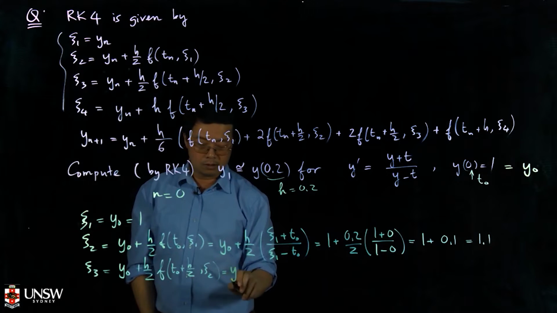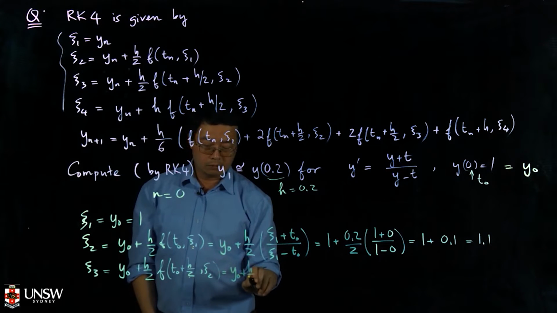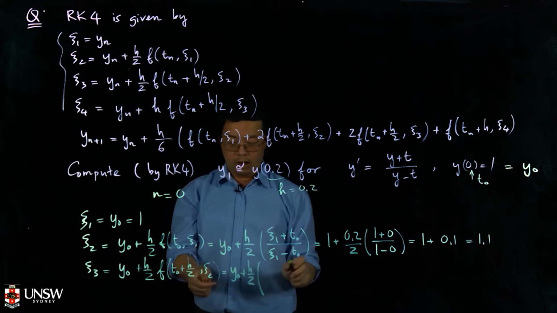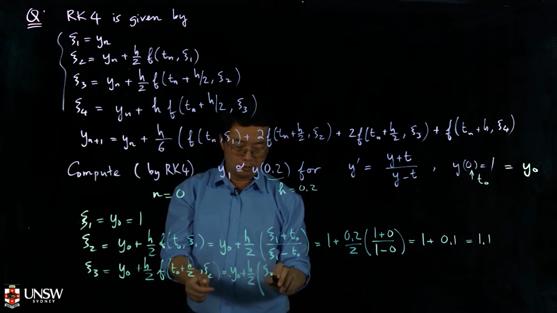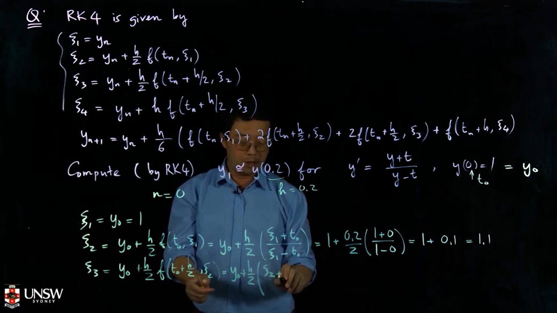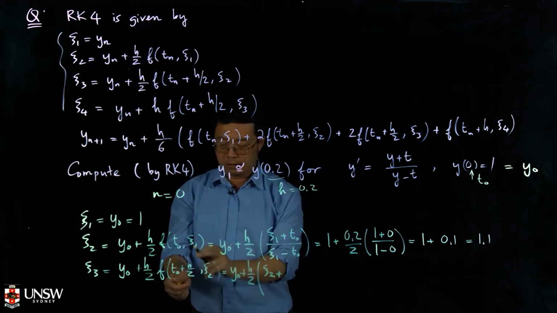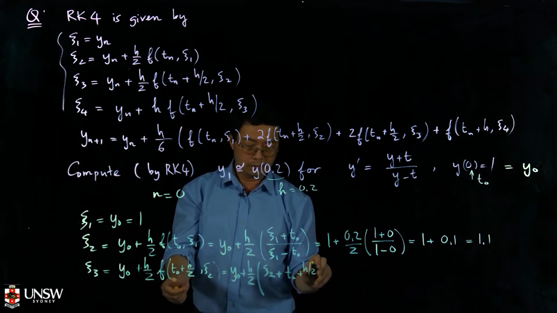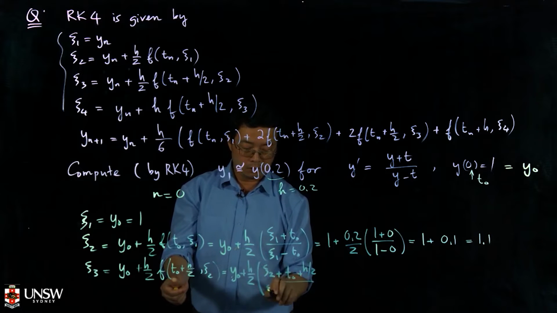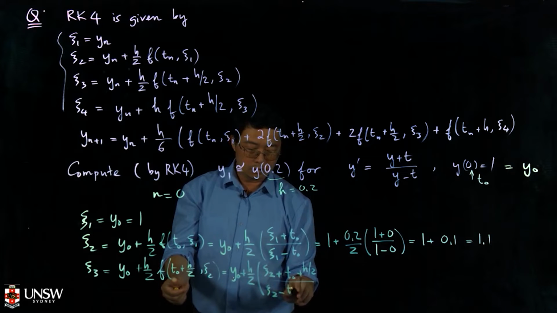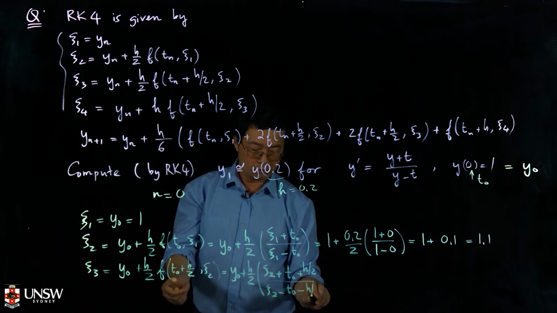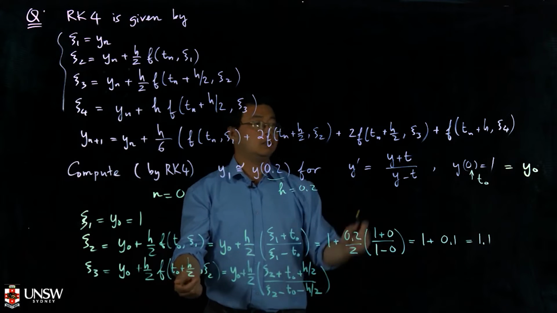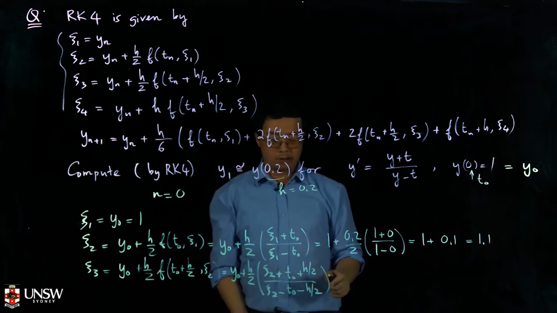So you have y0 plus h over 2, and instead of y, we have xi2, and instead of plus t, now you have plus t0 plus h over 2. And here you have xi2 minus t0 minus h over 2, because the time now is t0 plus h over 2.